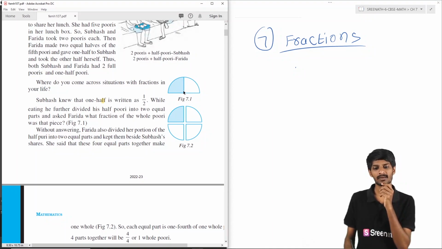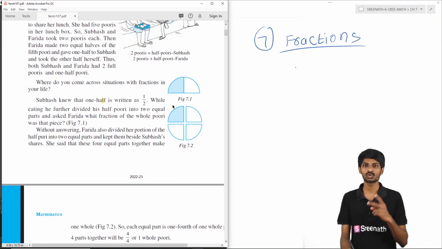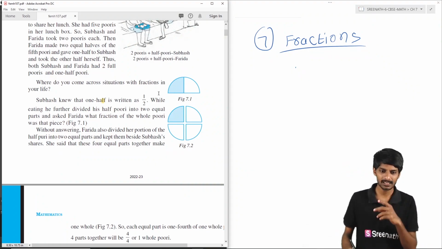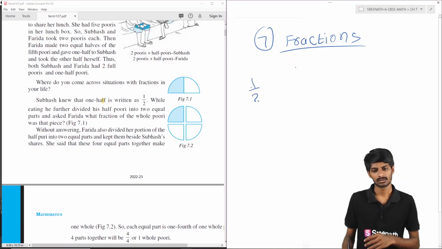So here, this is the whole, and we have made it into 2 parts. Okay, students. So suppose the puri is in this shape, they have cut the puri into 2 parts. Suppose they have made that puri into 4 equal parts, then 1/2 represents one of 2 parts, and 4 equal parts is represented by 1/4.